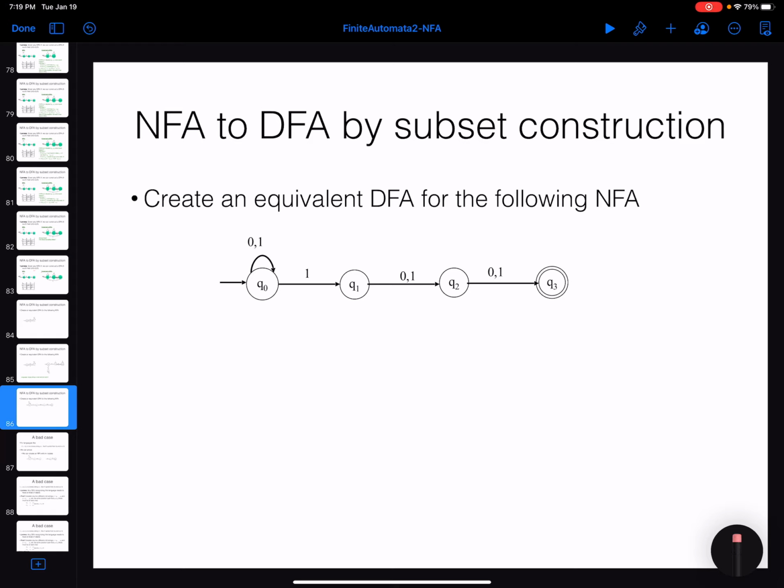So for example, strings like 100, 111, 110, 101, 1100, all of these strings are going to be in this language, right? The third symbol from the end is a 1, which is this one. So try to create an equivalent DFA for this one.